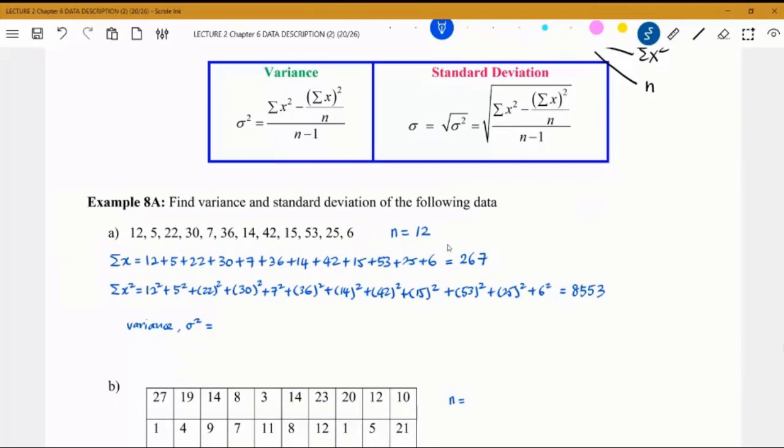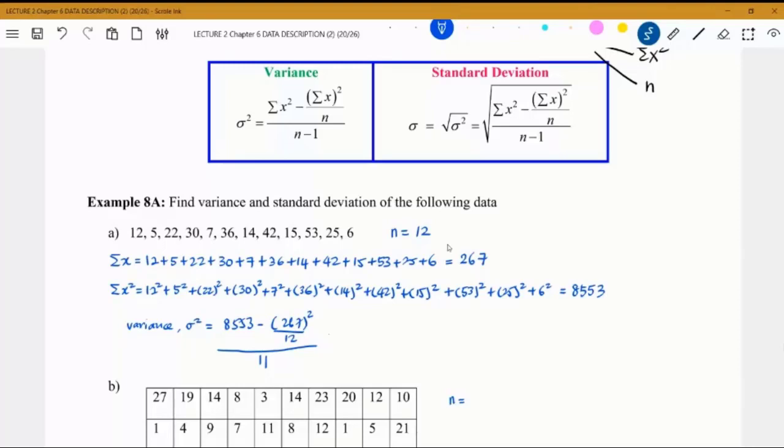Alright, so now we found the three values. We can directly substitute into the formula: summation x squared, 8553, minus 267 squared, divided by 12, and then the whole thing divided by 12 minus 1, which is 11.